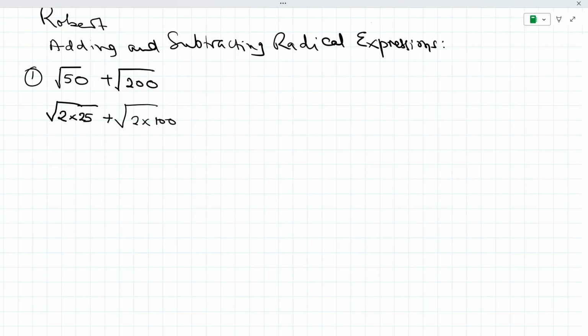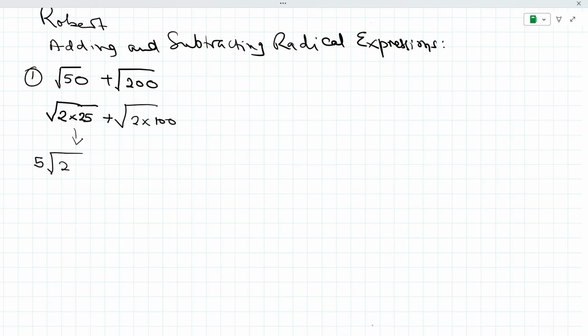Now, when we simplify this, we do it by getting numbers out of the root sign, and that number should be one which can give a whole number for an answer. For example, the square root of 25 will be 5. So this expression becomes 5, which is the square root of 25, and what we have remaining in there is 2.